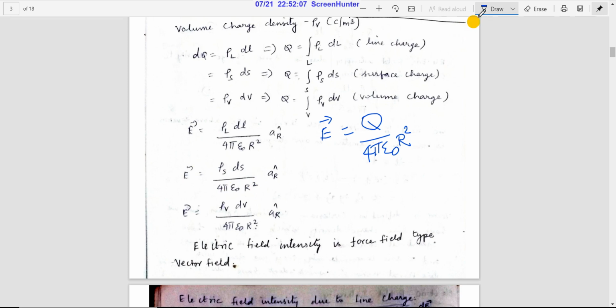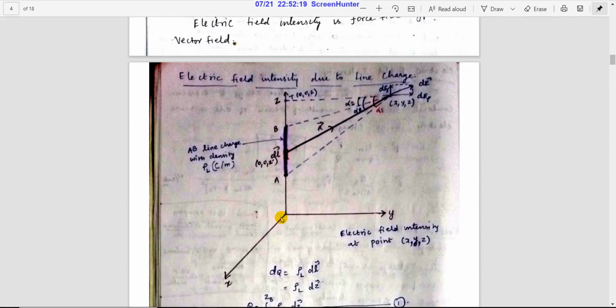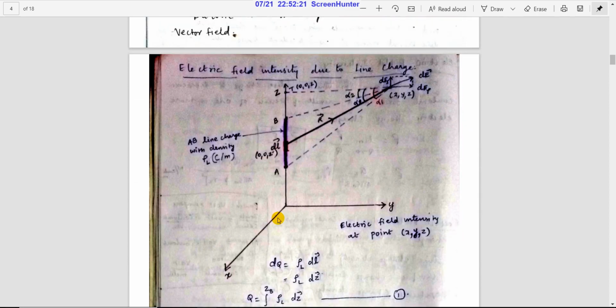This is the unit vector acting along the direction of the electric field. For the surface charge, E vector is equal to rho s ds divided by 4 pi epsilon naught r square, and for the volume charge density, E vector is equal to rho v dv divided by 4 pi epsilon naught r square.